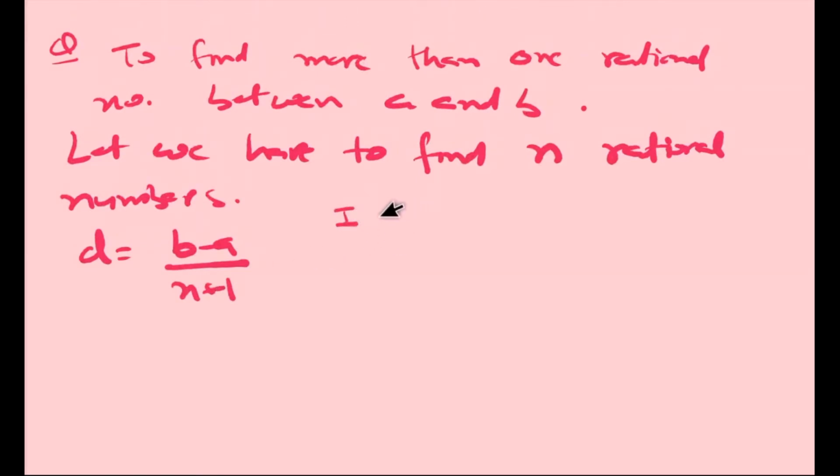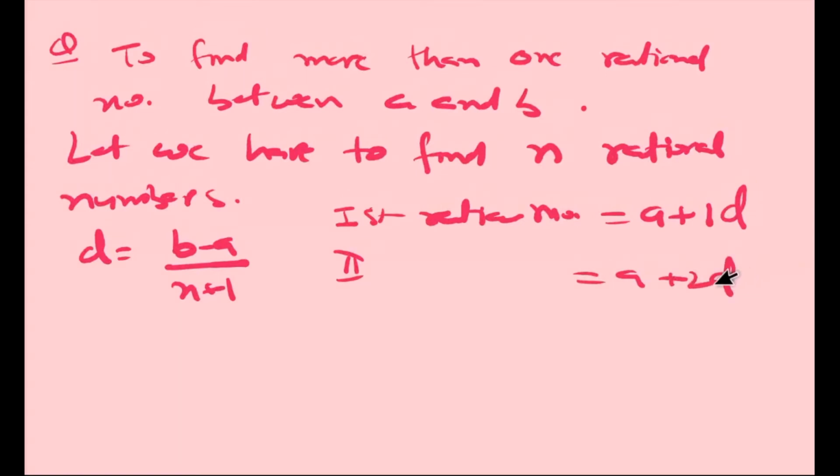Now the first rational number is a plus 1d, the second rational number is a plus 2d, the third rational number is a plus 3d, and so on.